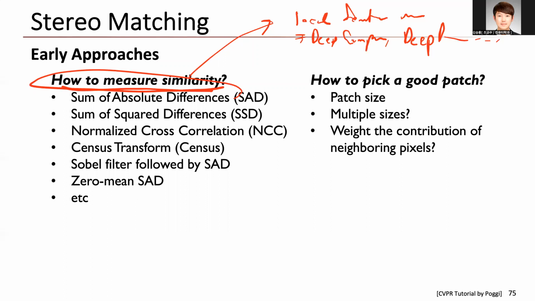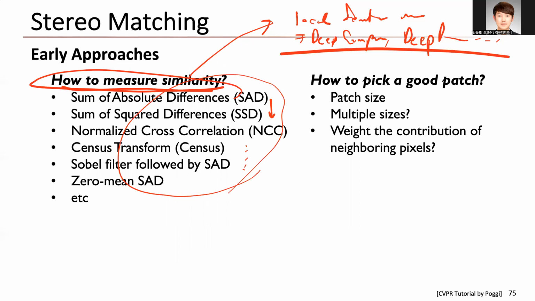So traditionally, sum of absolute difference and sum of squared difference, blah blah blah. This kind of handcrafted method was used, but nowadays you can easily use a learning-based method.